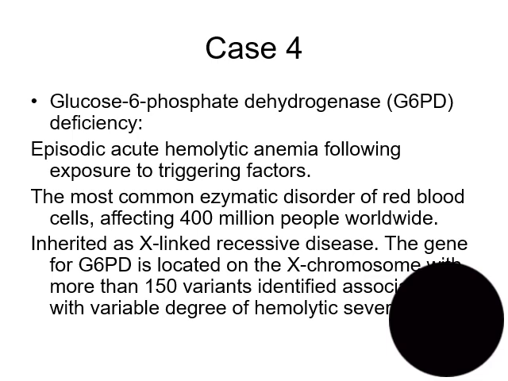The disease is inherited as X-linked, and the gene encoding G6PD is located on the X chromosome, and there are more than 150 variants, or different types of mutations or deletions, identified in this gene leading to disease.